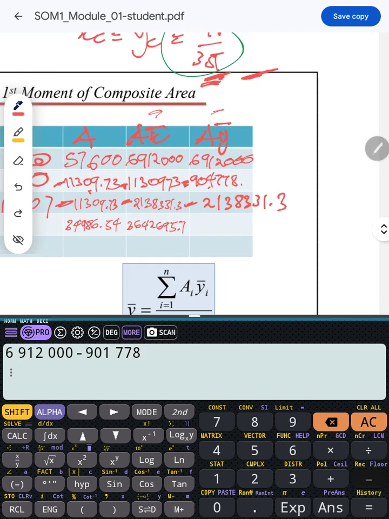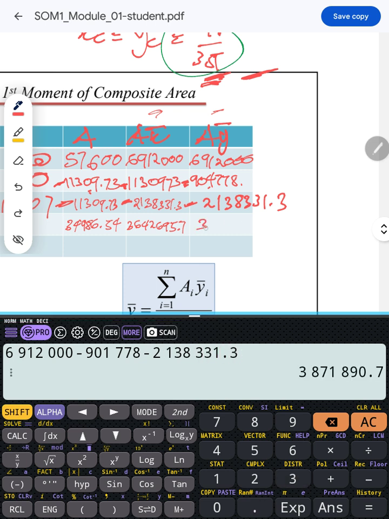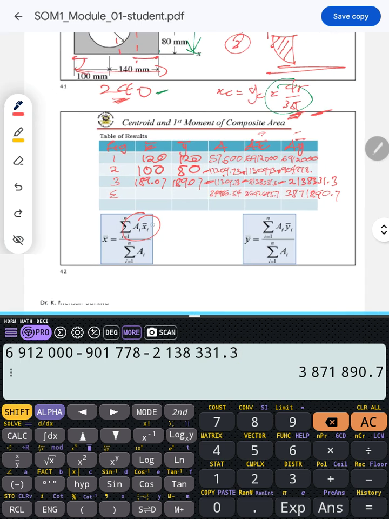Okay. Minus 2138331.3. That's what I get in. 3871890.7. Now that we are here, the only thing we have to do is just to put them here and then find our answer, right?